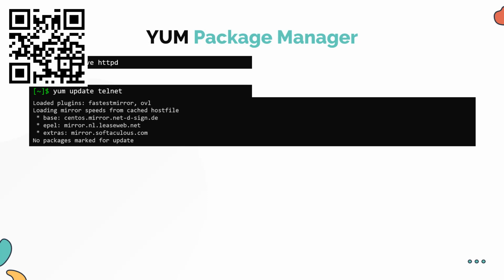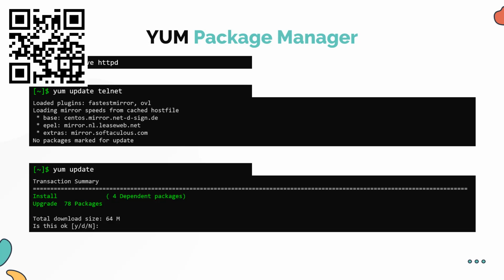To update all packages installed in the system, use the yum update command without any other argument. This command will check all the packages installed in the system and mark any that can be updated. It will also check for new dependent packages to be installed if it finds any. YUM has several other command options than what we discussed. Use the man page or command line help for the complete list.